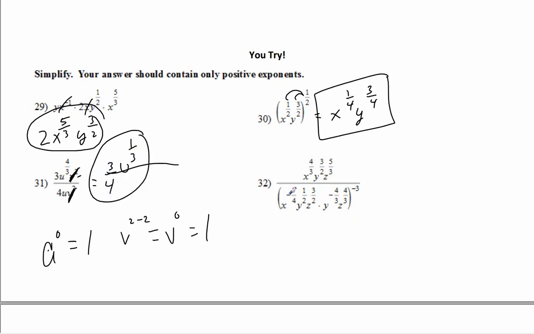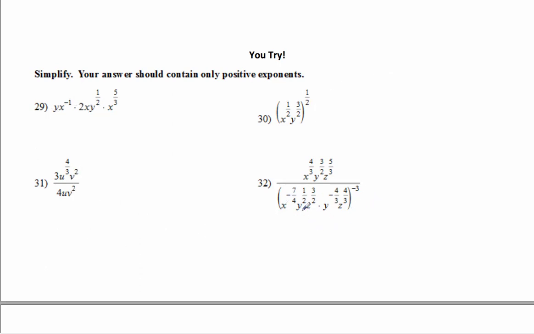Number 32, this is going to get a little bit tricky. I want to do the parentheses first. I want to do the inside. I want to combine stuff inside. So I have an x here and then no x's again, right? So it's x to the -7/4 is going to stay there. Then I have y to the 1/2 and y to the -4/3. I want to combine those, right?